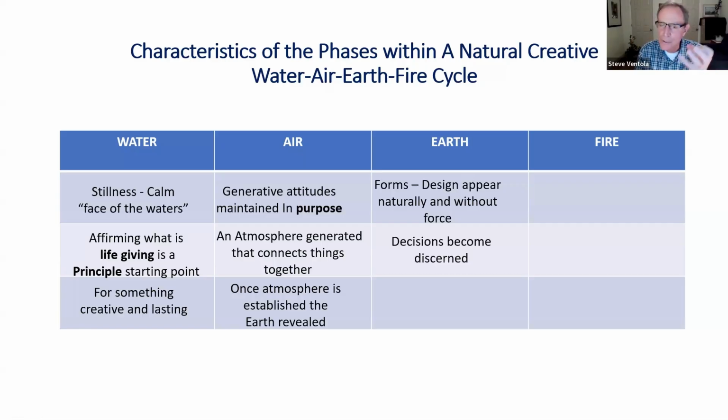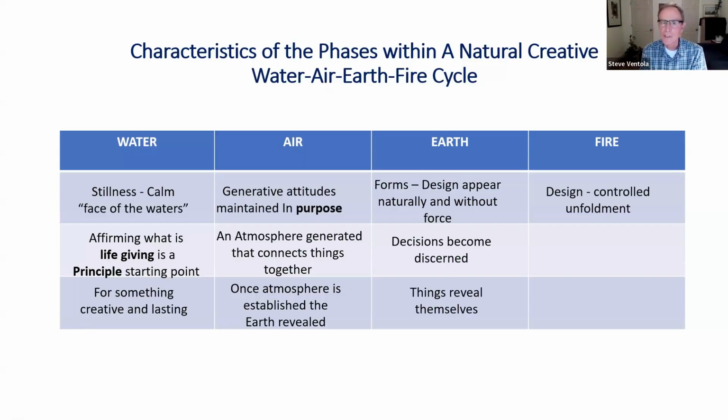Decisions become discerned. When we have choices, it's just a matter of discerning what the next step is, even if it's just the smallest of steps. Decisions are discerned. That's coming into the revelation of form in our awareness, and things reveal themselves. And then fire, design.